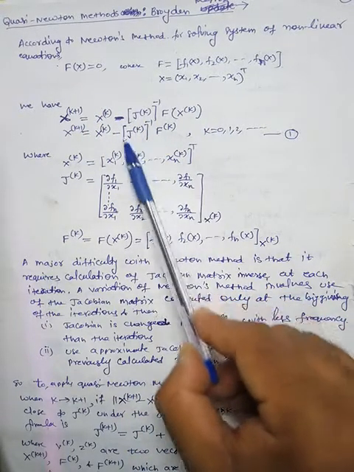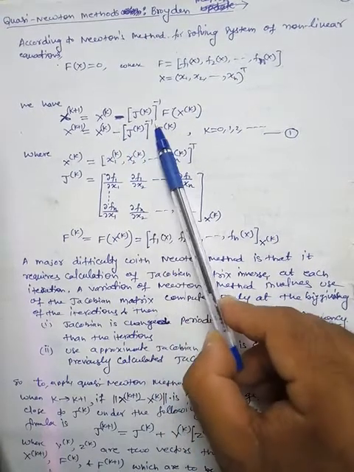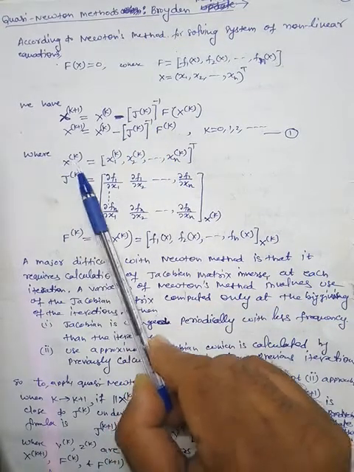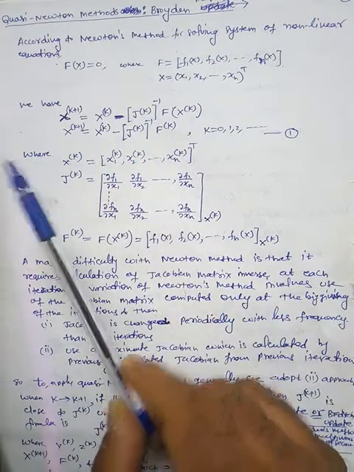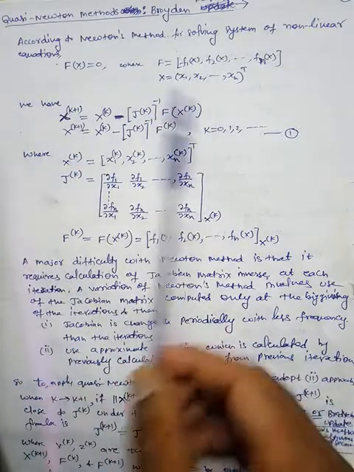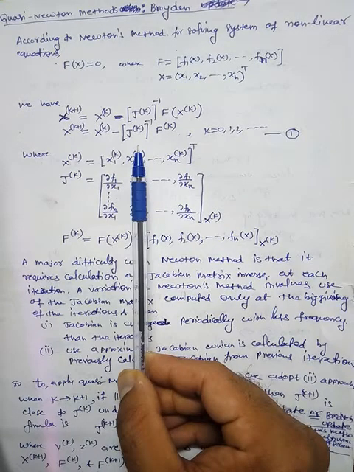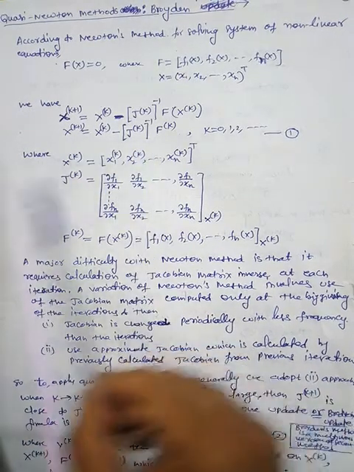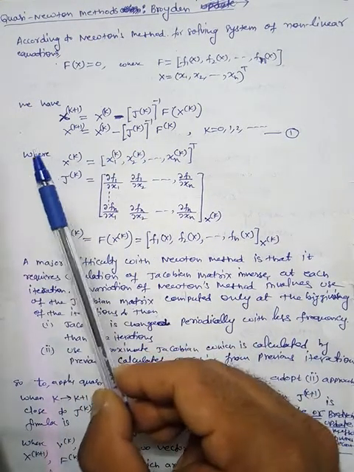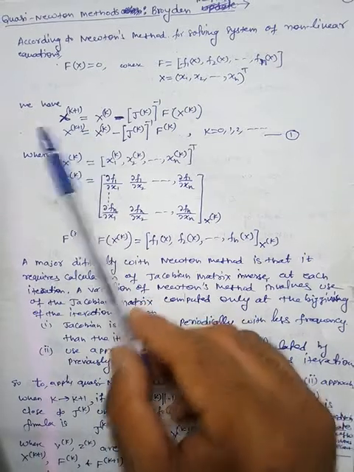That means we will update the Jacobian inverse with the help of the previously calculated Jacobian inverse. So we will have a relationship between the previously computed Jacobian inverse and the next one, and we will use this relation to find the next iterate.